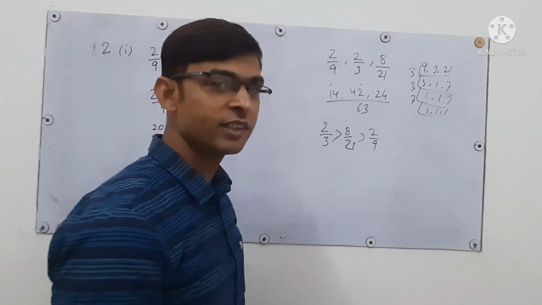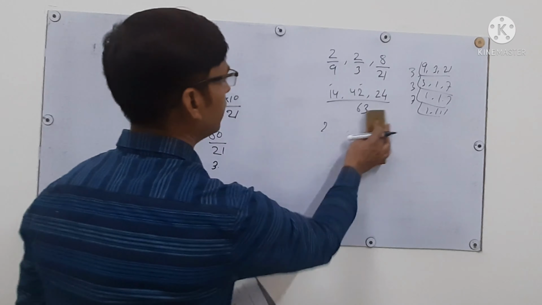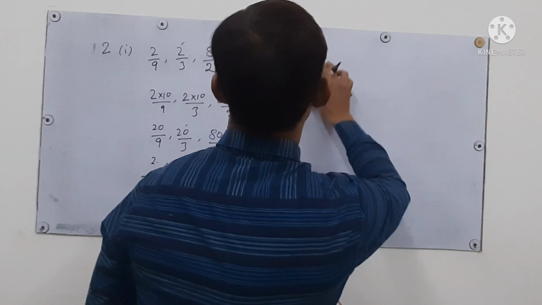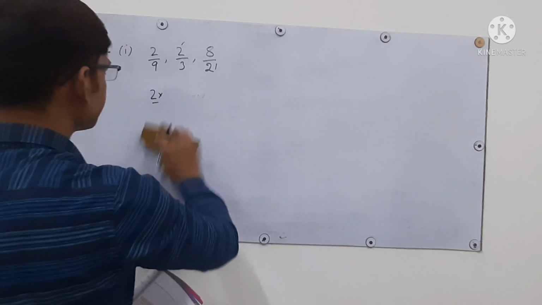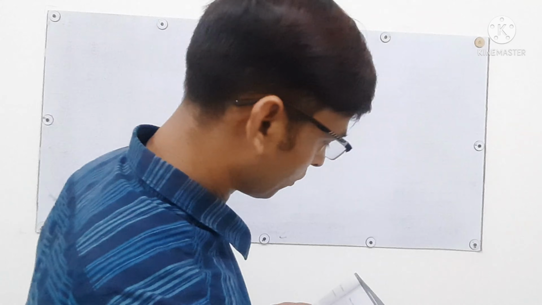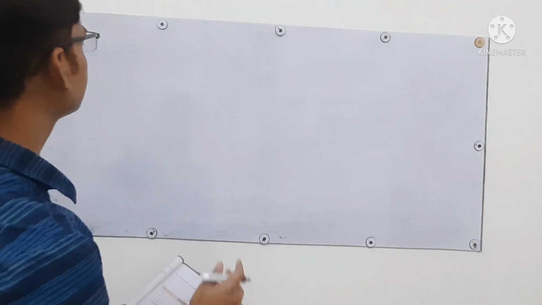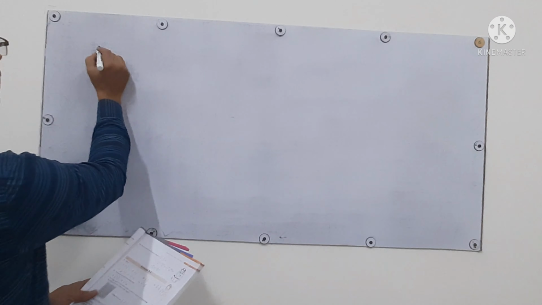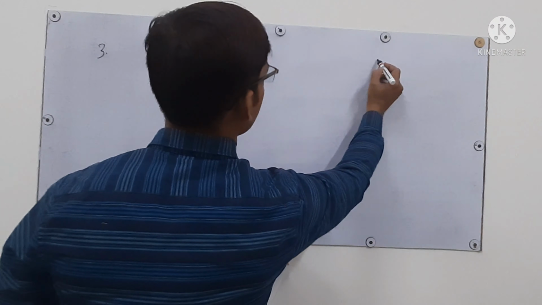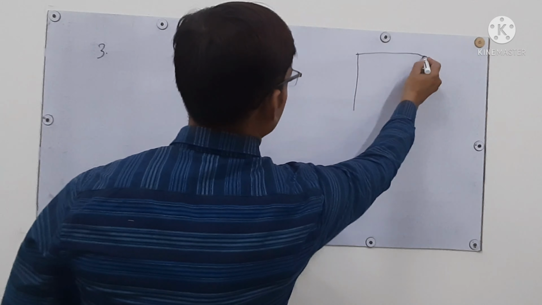Okay students, now we will solve question number 3, and here it is given a magic square. What is a magic square? A magic square is such a type of square in which all the numbers, when added, give the same answer. Now we will draw it.